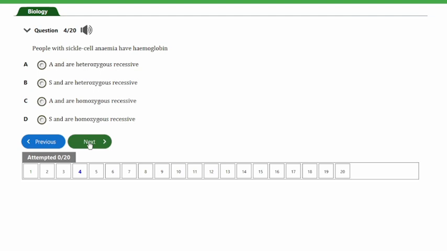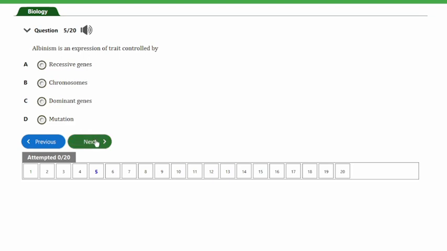Due to the nature and shape of this blood, they can easily die and then cause shortage of blood. And it's worthy of note that the hemoglobin here is S and it is homozygous recessive. So homozygous means the two parts are the same, so it's like SS. So if it's heterozygous, it means they are not the same. So guys, let's take note of that, and we'll move to the next question, and that's question number 5.